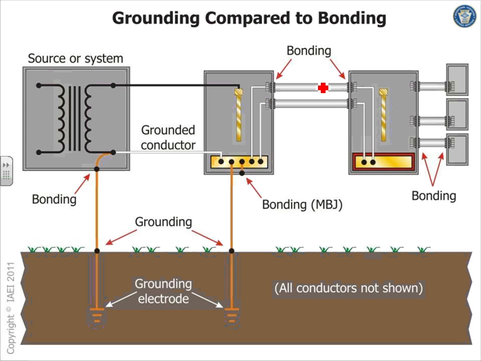Why? Because if the grid were to touch the hot, everything in the line here would be 120 volts. Imagine the hazard that can create. That's clearly bonding. Grounding: the lighting fixture you see right here has an equipment grounding conductor, because if the frame of that fixture becomes energized, that conductor will get the circuit breaker to trip fast enough to eliminate the shock hazard.